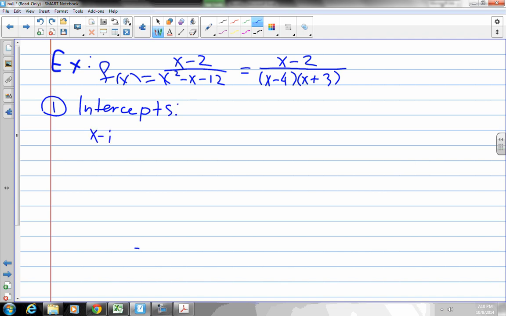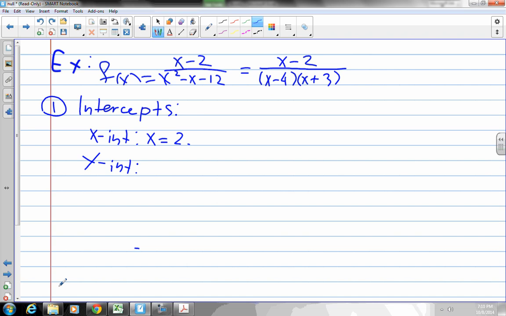So the x-intercept: zeros of the numerator. What makes that numerator equal 0? 2. So x equals 2 is the x-intercept. The y-intercept: cover all the x's. What's left? 1/6, right?